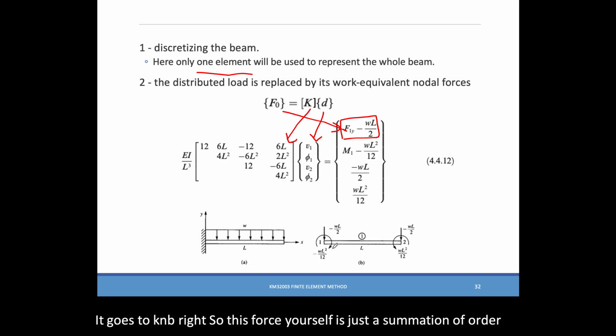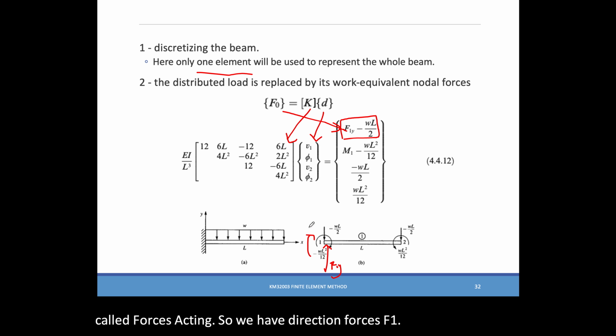So this force itself is just a summation of all the forces acting at node number 1. At node number 1 we will have the reaction forces F1y as well as the moment M1. We will see that at node number 1 we have F1y minus wL divided by 2.